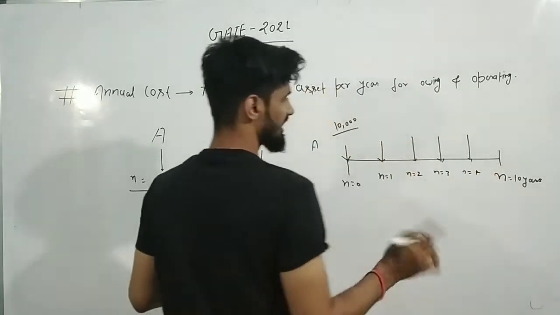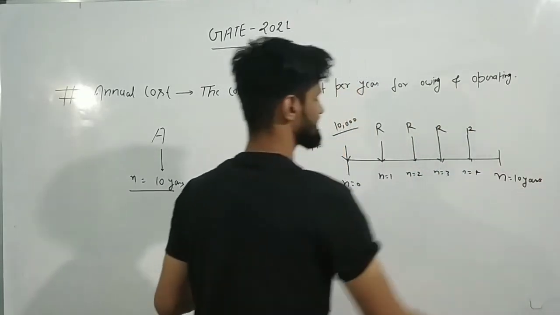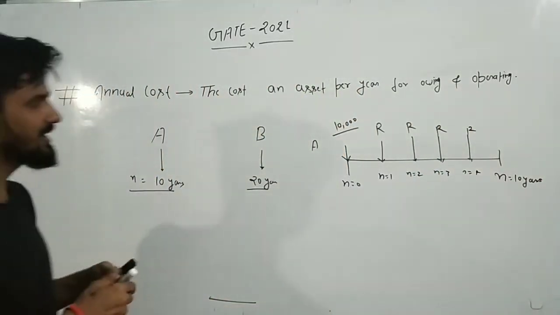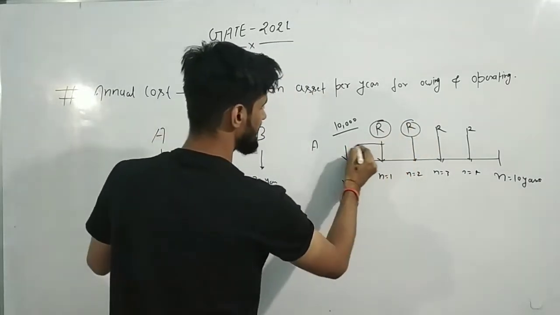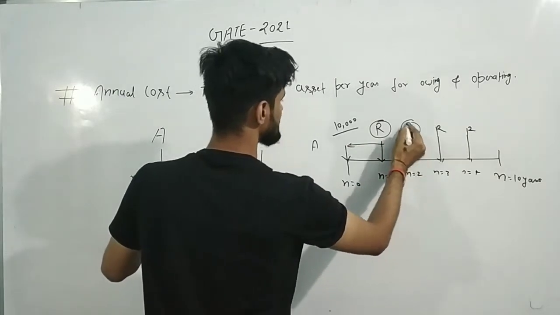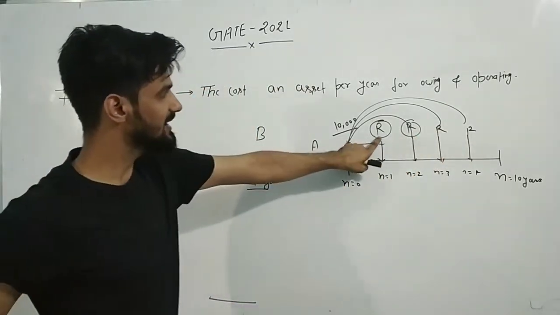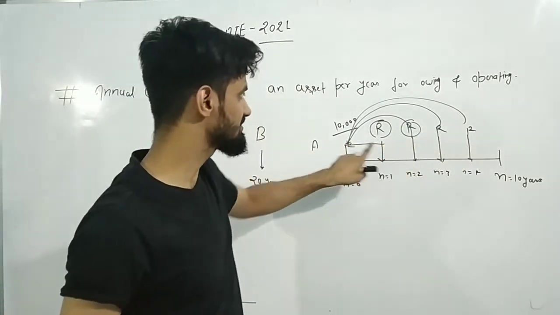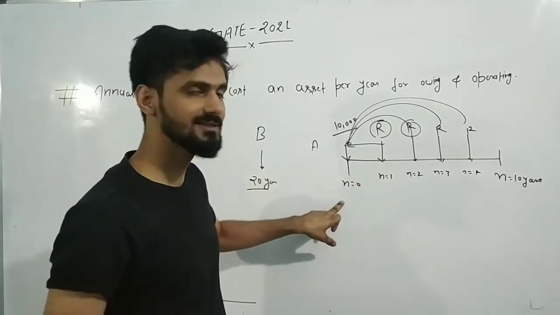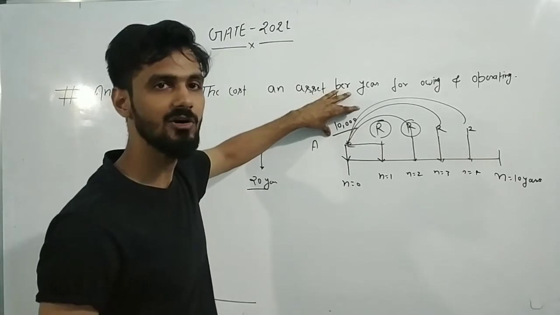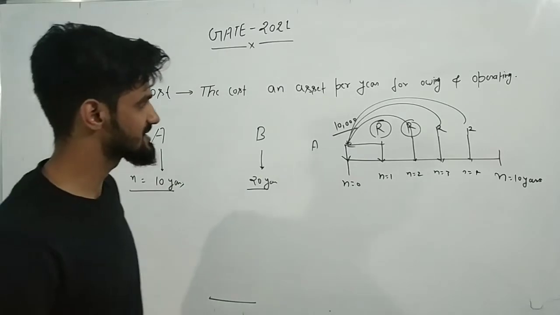Just like if you are getting an annual cash flow of R every year up to 10 years, and you convert all these R values into present value at n equals 0 and add the present value of all the cash flows at n equals 0, then you will get the original amount of money that you are going to invest in a particular asset A. Just try to understand how we convert.